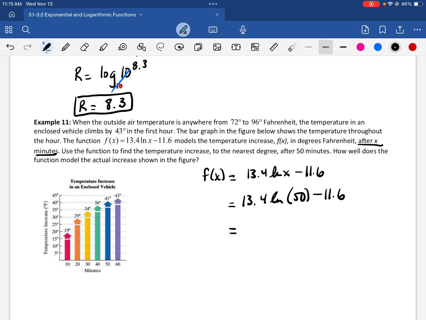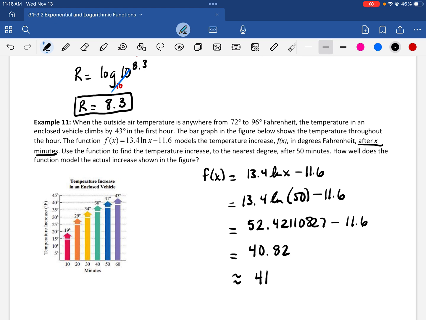And we could simply start plugging some of this in, do 13.4 natural log of 50 in our calculator. And that's what I got. And then we'll subtract 11.6. And we got 40.82, which if we round it to the nearest degree, would be 41.